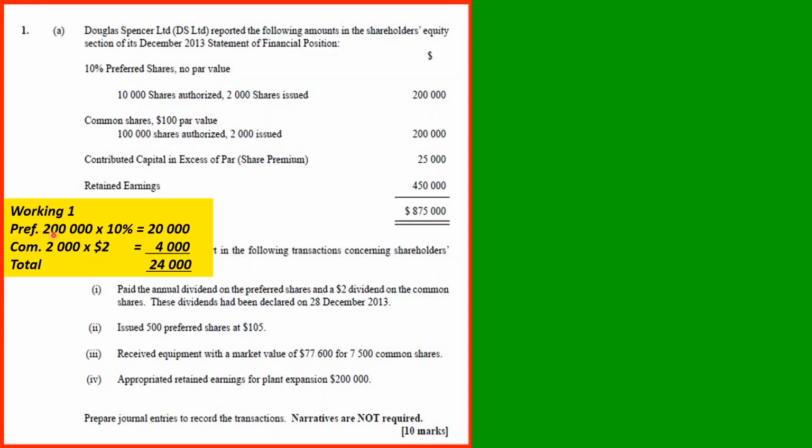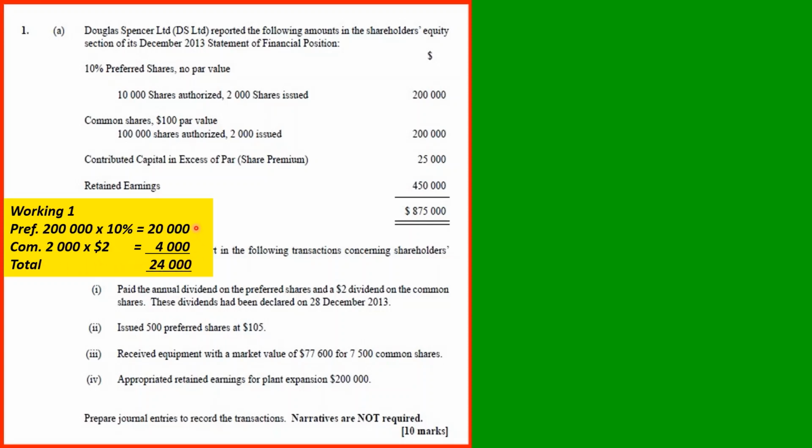We look at the workings first. The preference share dividend: 200,000 by 10%, 10% up here, we get 20,000. The common shares, we have 2,000 issued and at $2 a share for dividend, we'll get 4,000 in dividend, giving us a total of 24,000.